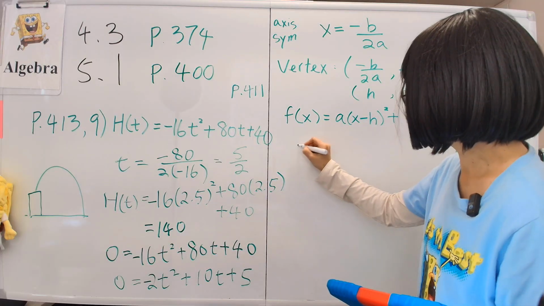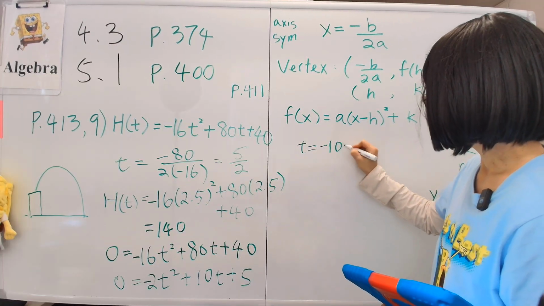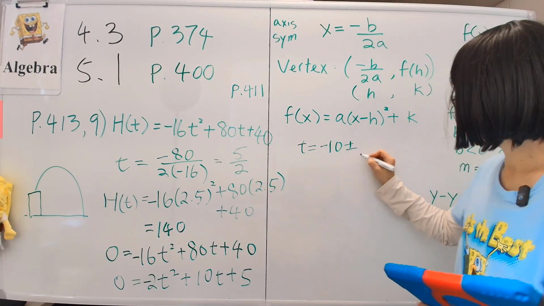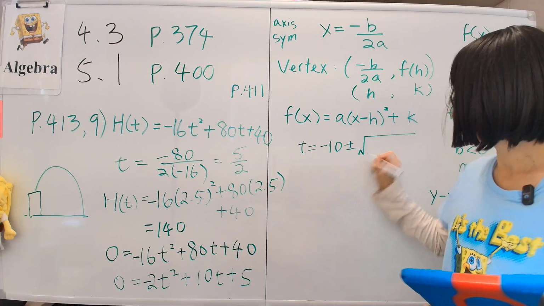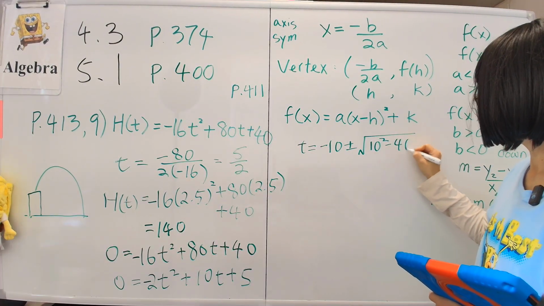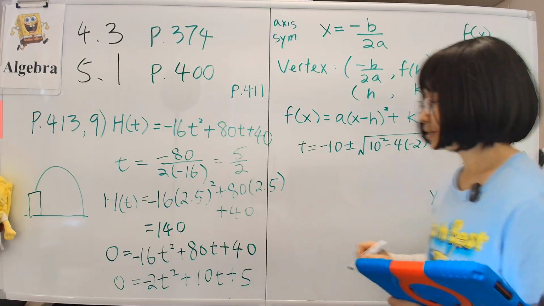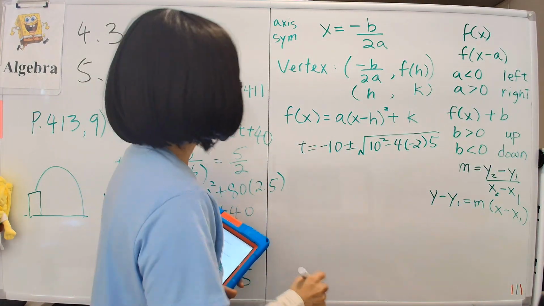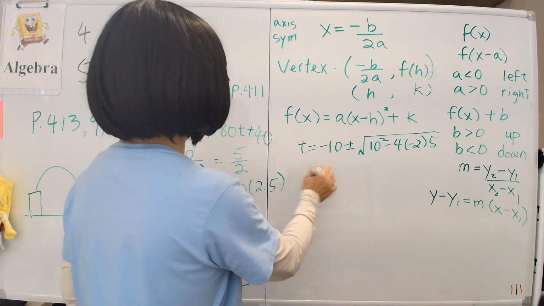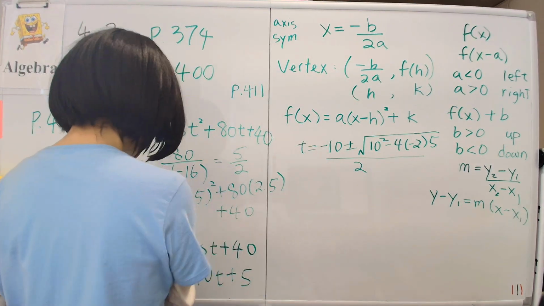Anyway, let's pull out the quadratic equation. The quadratic equation says t equals minus 10, plus or minus the square root of b squared, 10 squared, minus 4 times minus 2 times 5. So far so good. And then divided by 2a. 2 times, what's a? a is minus 2.